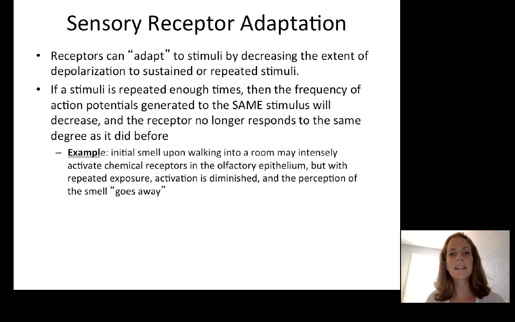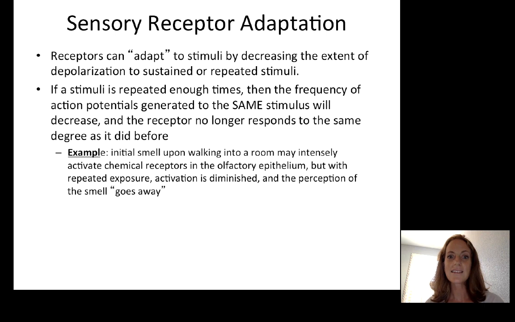Receptors can adapt to stimuli by decreasing the extent of depolarization to sustained or repeated stimuli. My example for this one is always, you're sitting in the lecture hall and somebody farts in the back of the room, right? There's that initial smell, as the chemicals permeate through the gases in the room, you'll get that smell in your nose, and it initially smells terrible. But over time, the smell goes away.